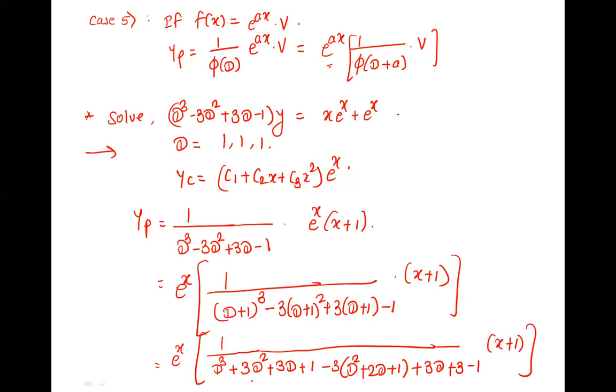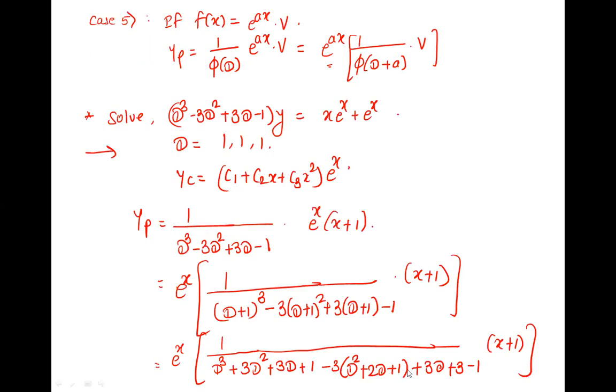So can you just see here? Minus 3d square plus 3d square cancel. You can't do that, just open first. Open first and then we'll do it. So see what will be cancelled. So yp is 1 upon, e raised to x is out already.